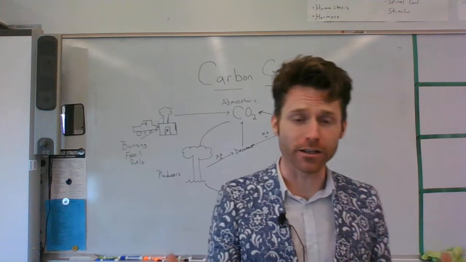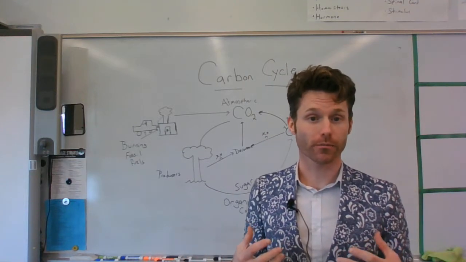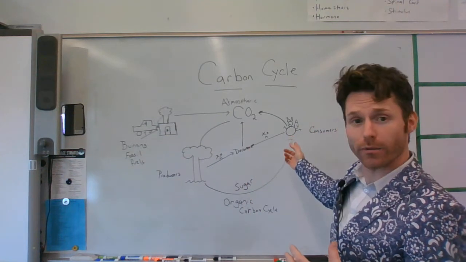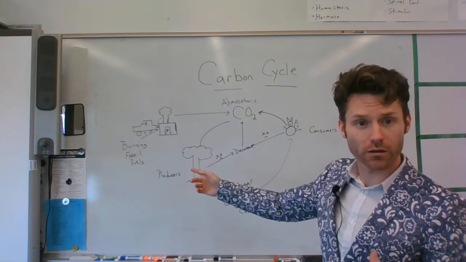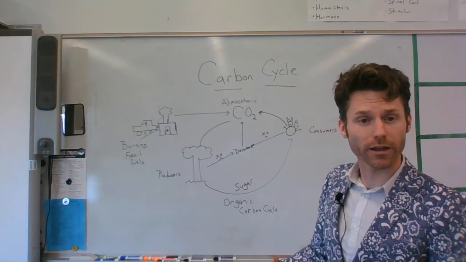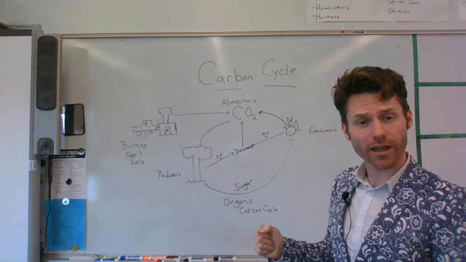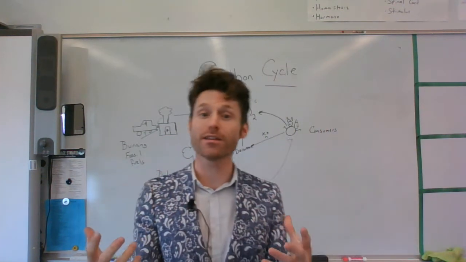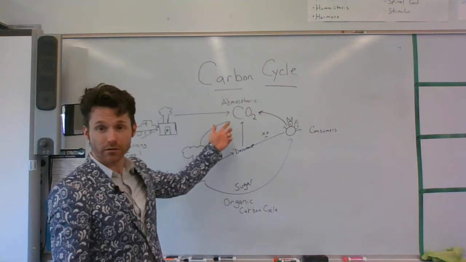Whenever we eat another living thing, we are also consuming their carbon. And so, when a primary consumer eats the tree, it gets that carbon in the form of the sugars that the tree made through photosynthesis. Once it breaks down that sugar through a process called cellular respiration, it releases that carbon as carbon dioxide.